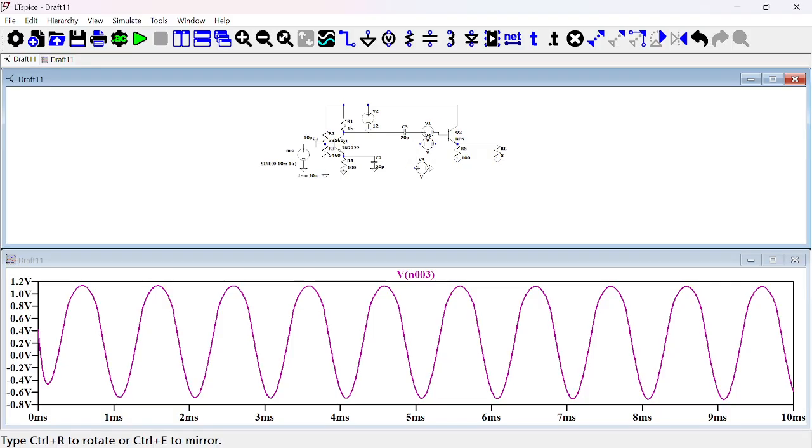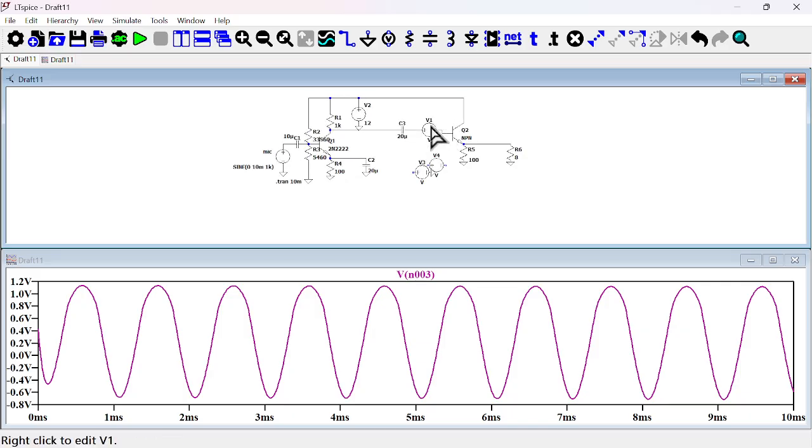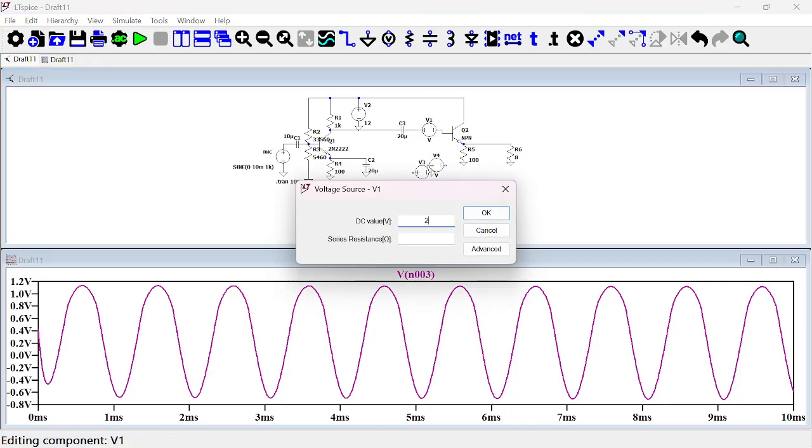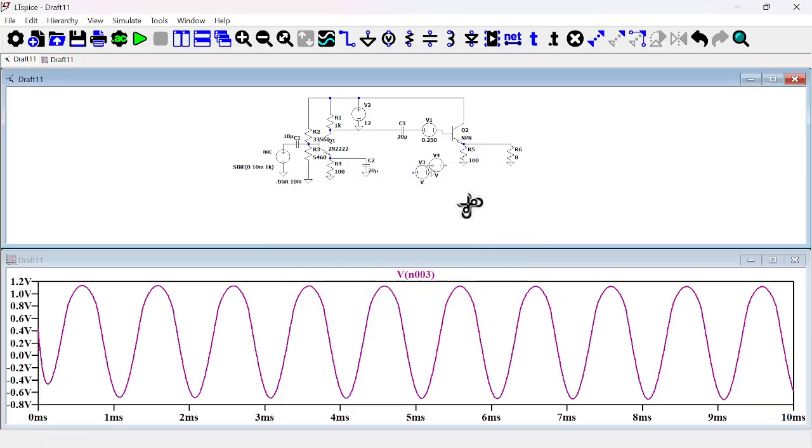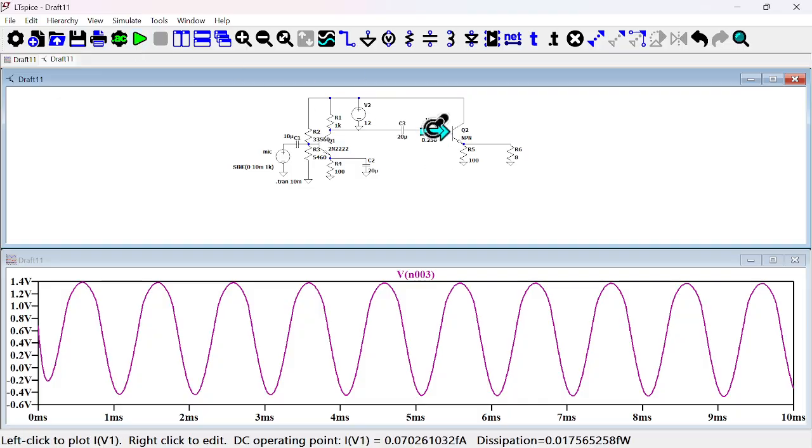So let me just put this 0.25. Now the operating point voltage. I think the terminals were interchanged.